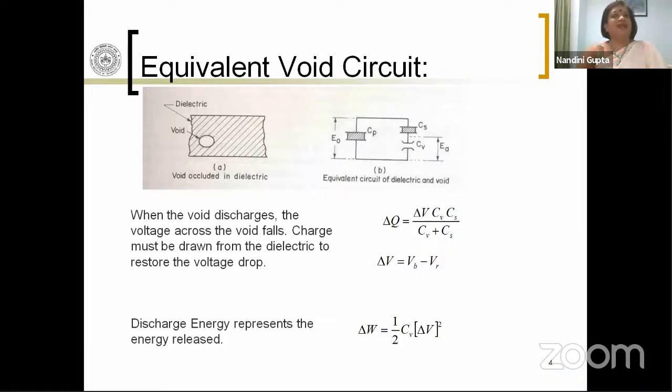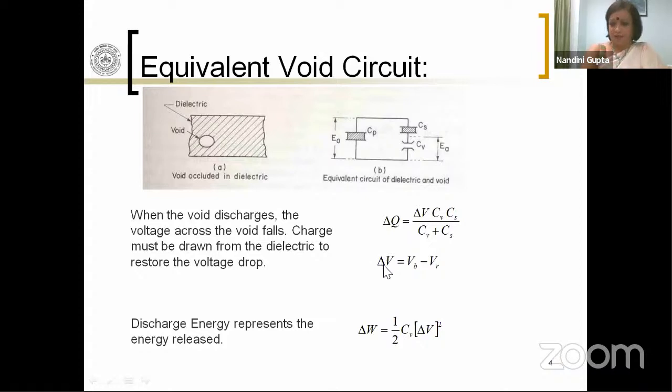The moment this delta Q charge is lost, this delta V is also lost and the voltage across the void becomes zero. Let us imagine that delta Q is the charge which results in a voltage difference of delta V. Then we should be able to write an expression for delta Q in terms of delta V, the capacitances in series with the void, and the capacitance of the void.